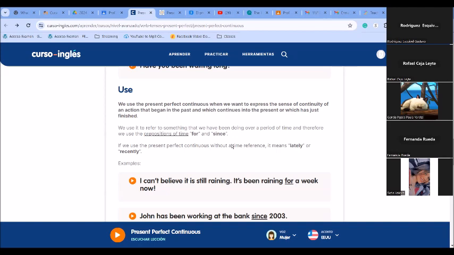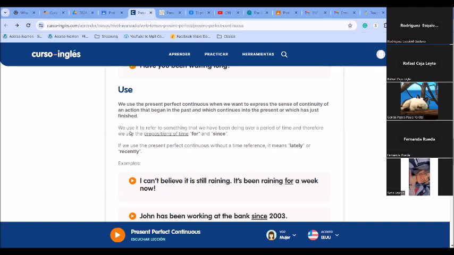We use the present perfect continuous when we want to express the sense of continuity of an action that began in the past and which continues into the present or which has just finished.